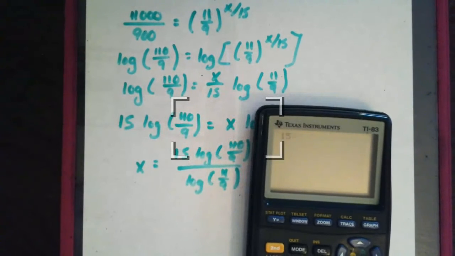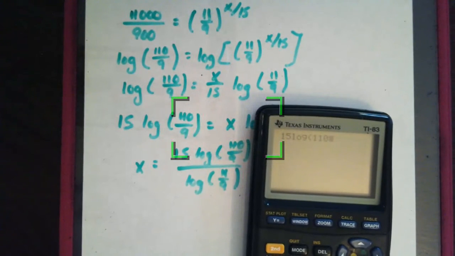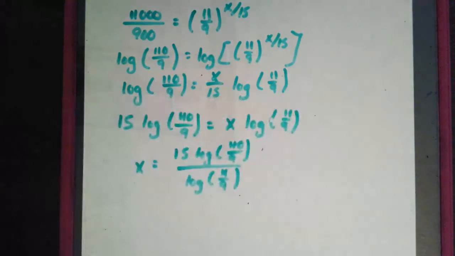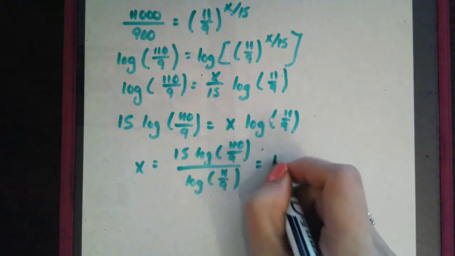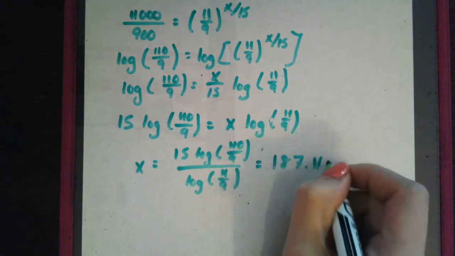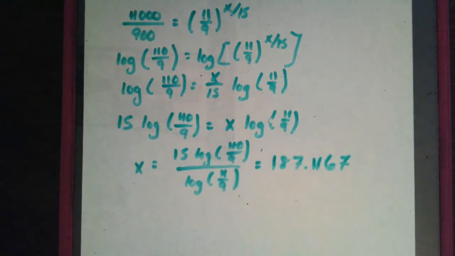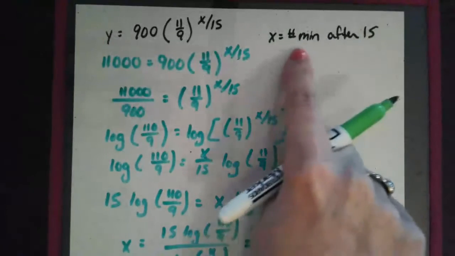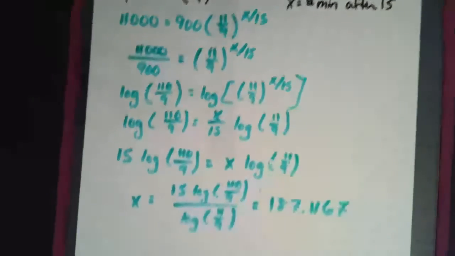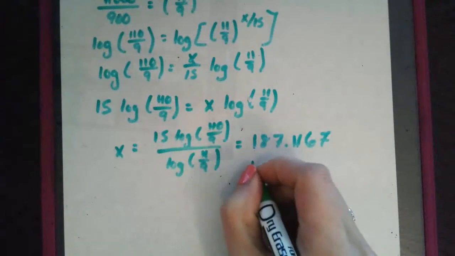So if we type that in, we have 15 times the log of 110/9 divided by the log of 11/9. And I'm getting 187.1167 for x. X is the number of minutes after 15, so we need to add 15 minutes to this.